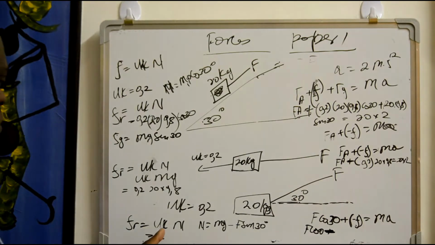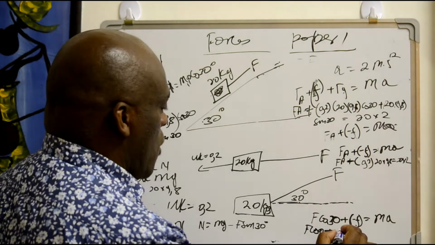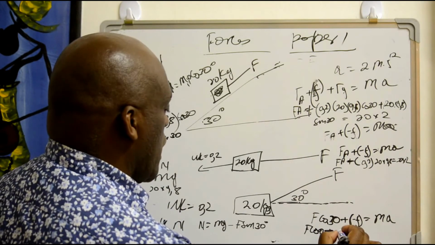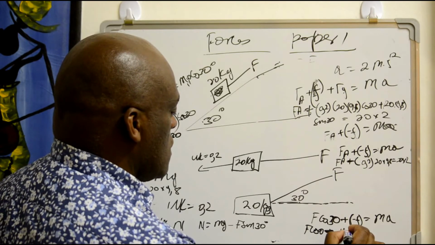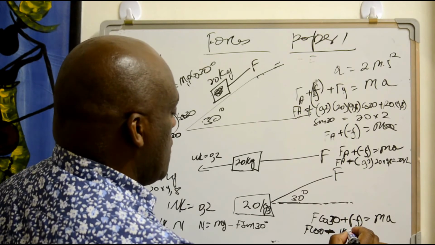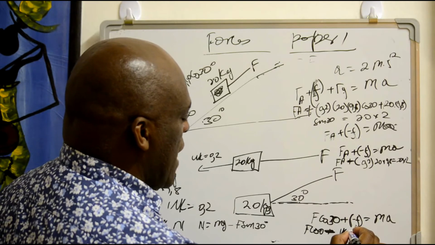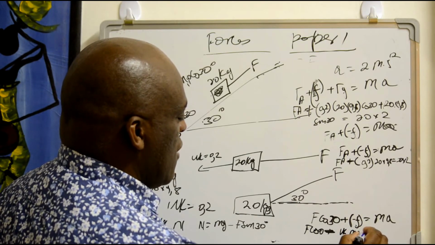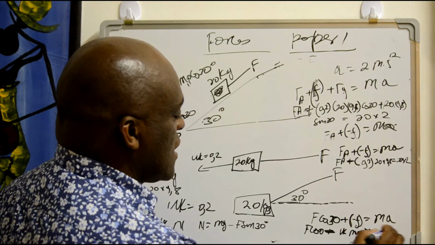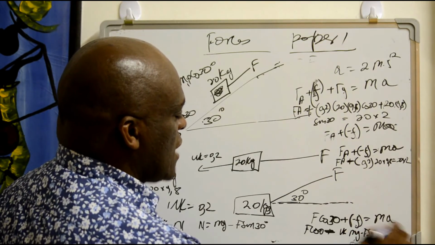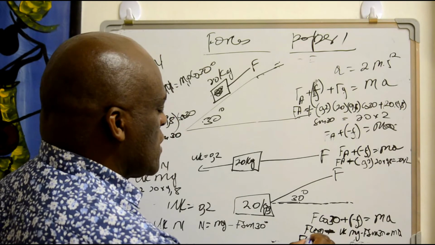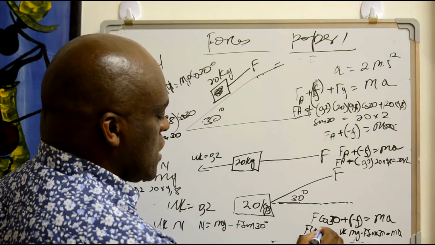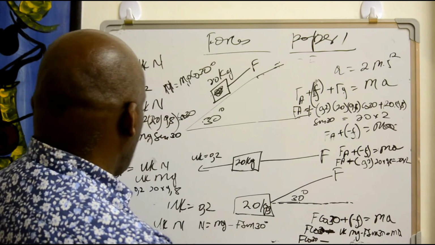My friction is the kinetic coefficient, UK, times the normal. Your normal now changes. My N is mg minus F sine 30 degrees, is equal to mass times acceleration.